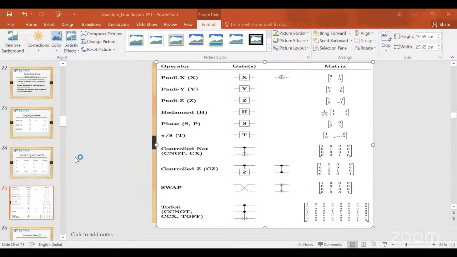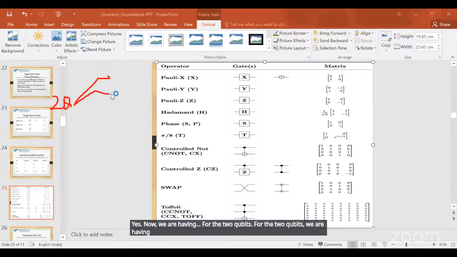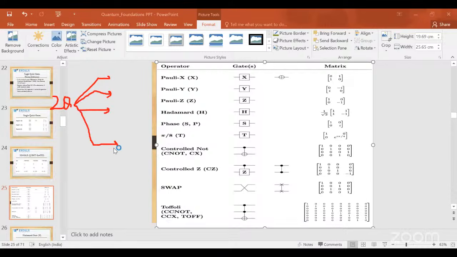Now for 2 qubits, we have 4 things. First is CAT 00, second is CAT 01, third is CAT 10, fourth one is CAT 11.